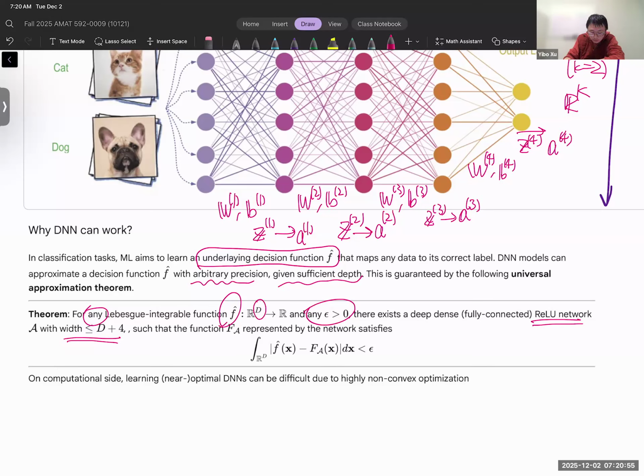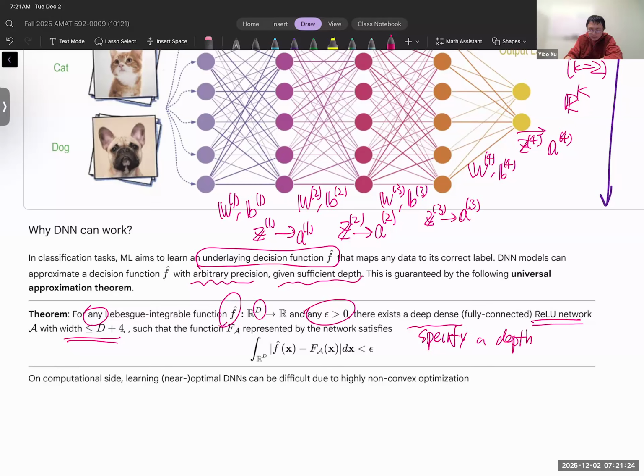So no matter what f hat is, as long as your width is at most d plus 4, you can specify a depth to make this approximation.